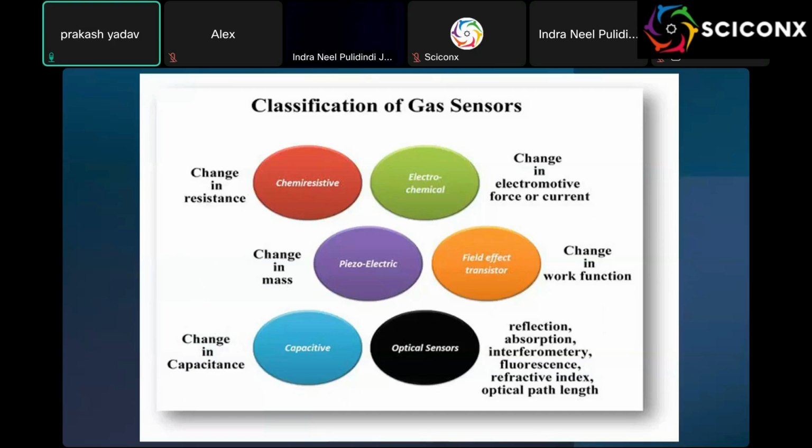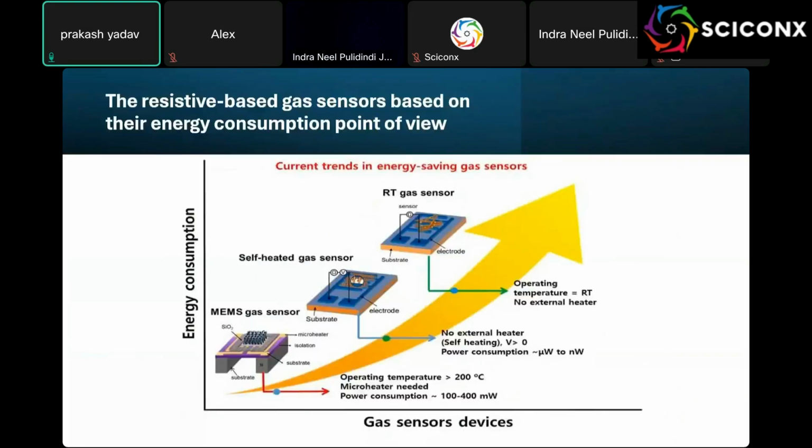Electrochemical measures the change in electromotive force and currents, and field effect transistor depends on the work function. For optical sensors, you know, the absorption, reflection, and this type of outputs are possible.